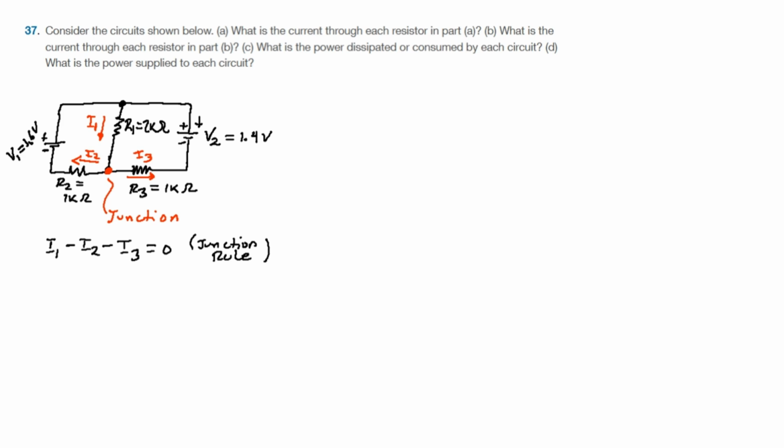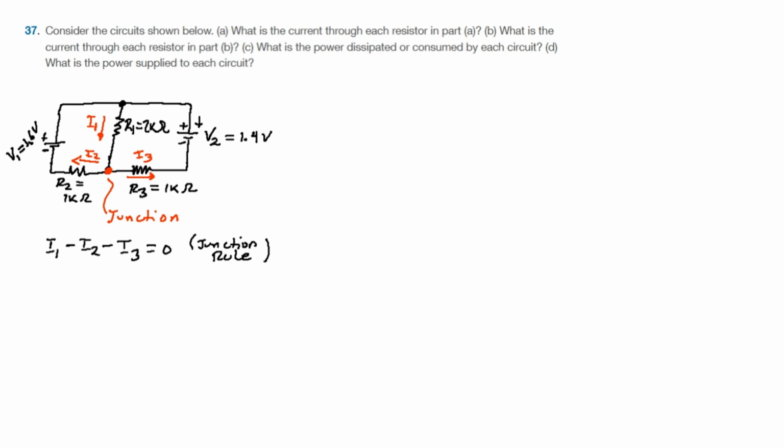Now, I have three loops. I have one small loop over here. I have another small loop over here. And I have one big loop, all this way here. So I will really take one loop that would be my loop one, that would be this one.